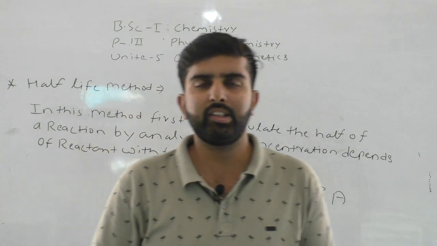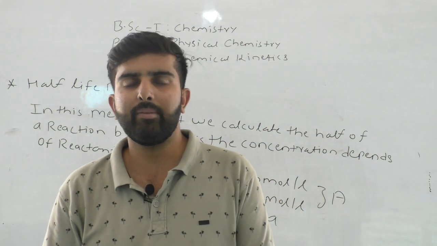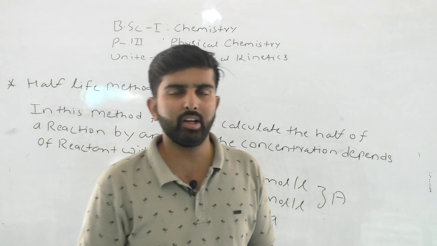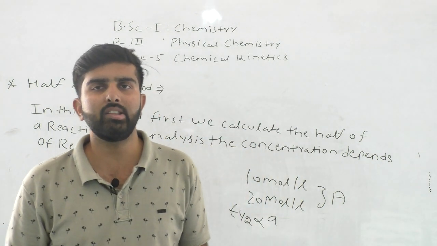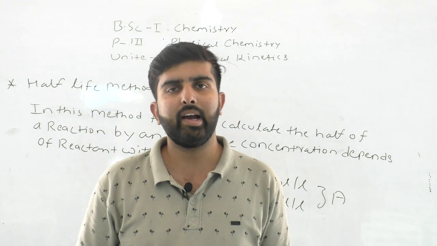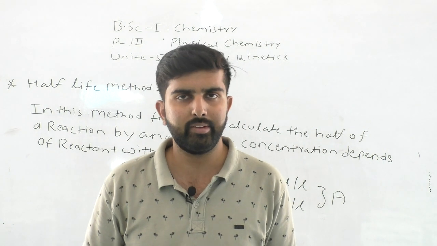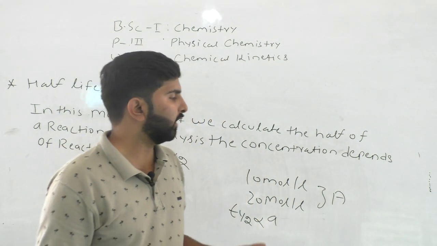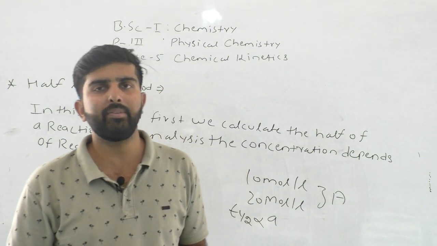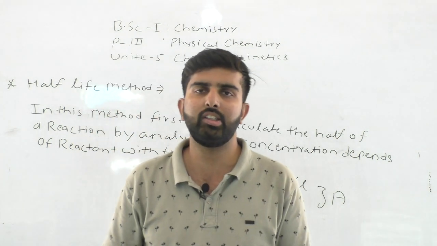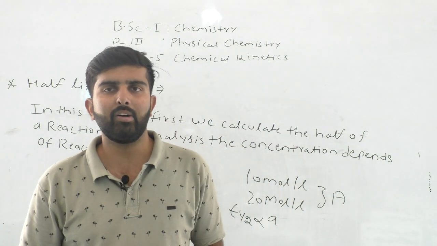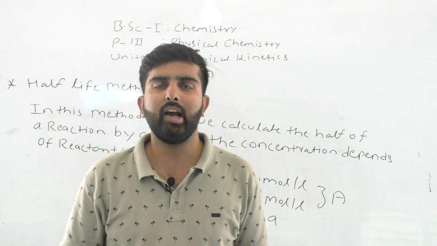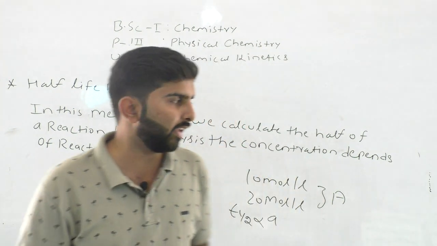In a first order reaction, the half-life doesn't depend on the concentration. Meaning, if we change the initial concentration, the half-life comes out constant. And in a second order reaction, the half-life is inversely proportional to the initial concentration of reactant. Meaning the higher the amount of reactant, the lower the half-life of the reaction.